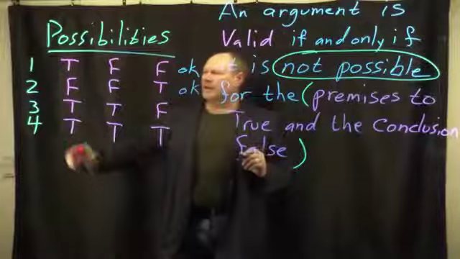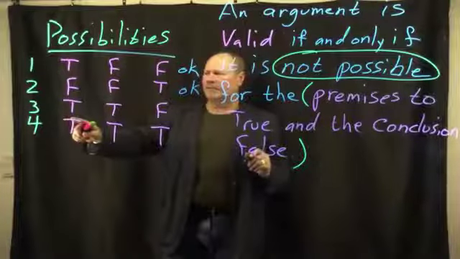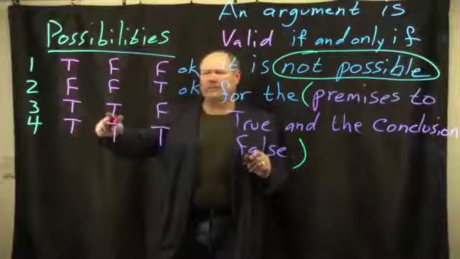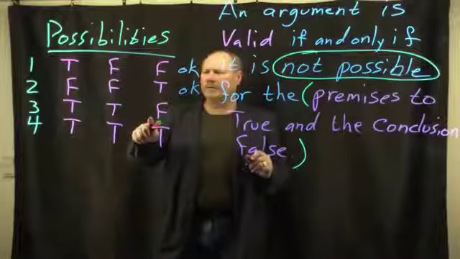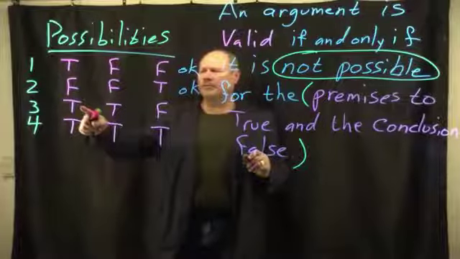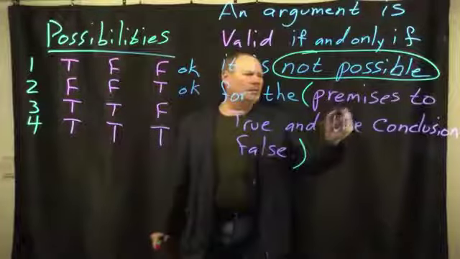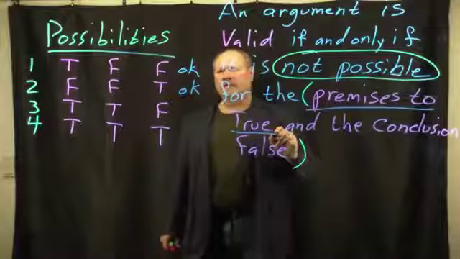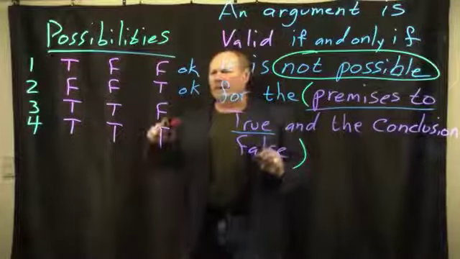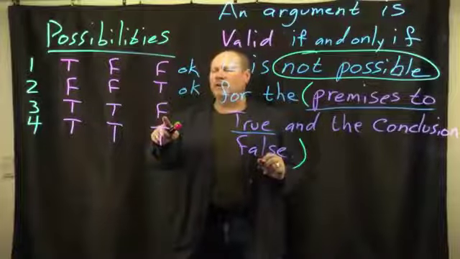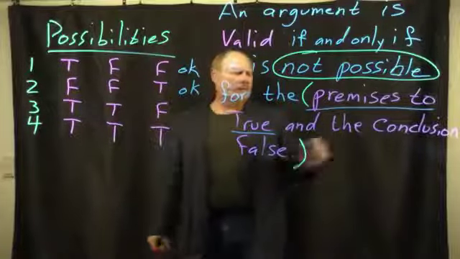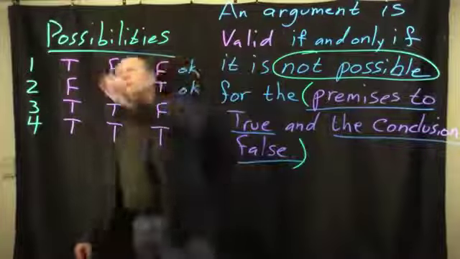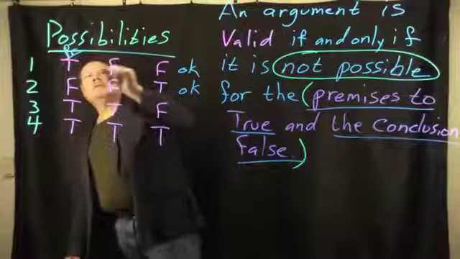Now, if we look at our third possibility, however, what we see are true premises with a false conclusion. That is, our first premise is true, our second premise is true, which meets this part of the definition, and then we see that our conclusion is false, which meets this part of the definition. And here maybe I should label these.